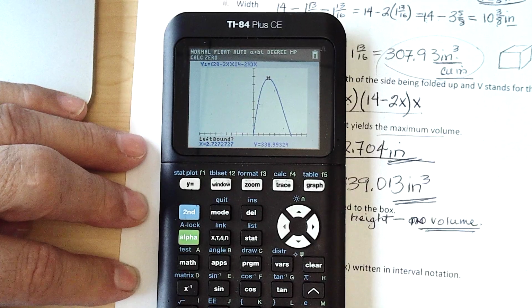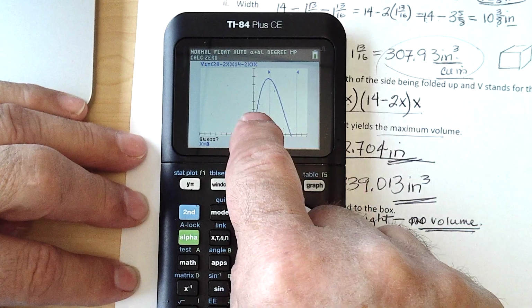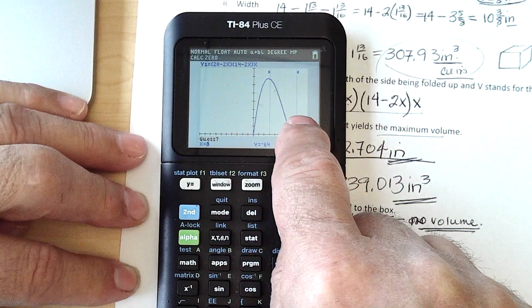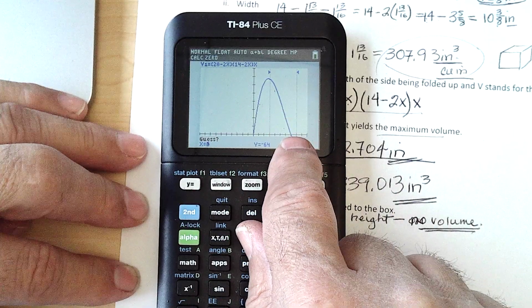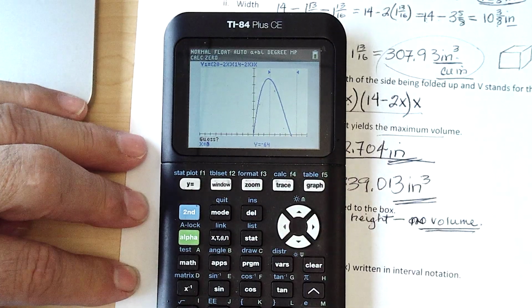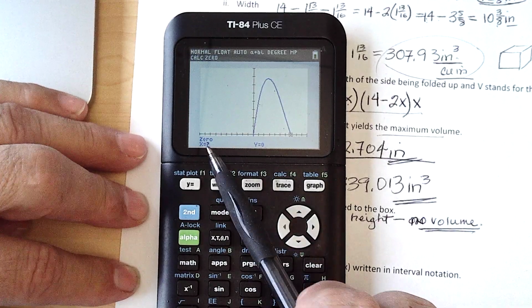So I have to press left bound 3-ish, right bound 8-ish. Notice it marks where I'm going to go between. And it looks like if that's 8, it's about 7. So I'm going to guess 7, enter, and it says, yes, 7, the volume is 0.